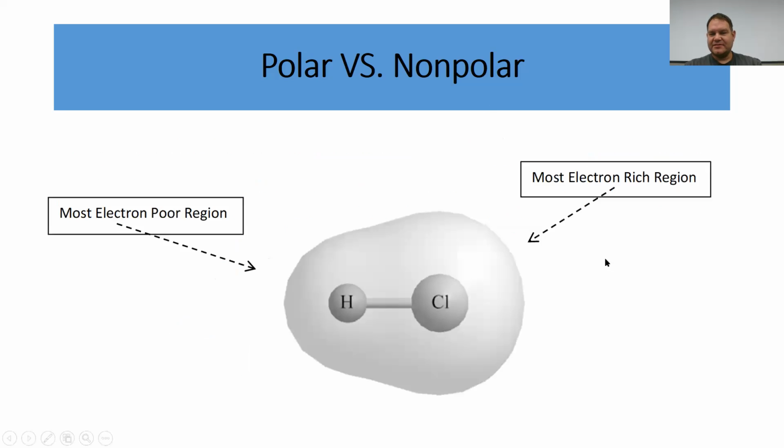All right, so one last look at it with our hydrogen and chlorine. Notice that the egg shape is not evenly distributed. Because the larger portion of the overlap of orbitals is over here with the chlorine, it tells us that the chlorine is partially negative, and over here, because the overlap is smaller, it's going to be partially positive.